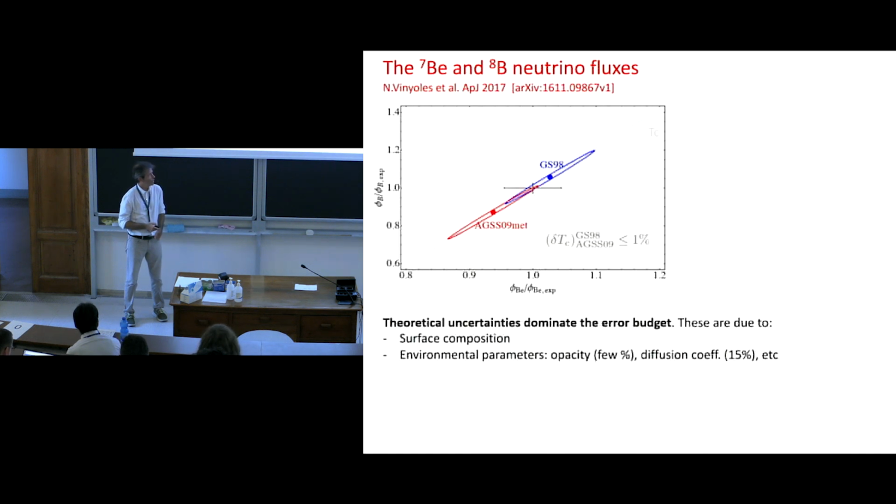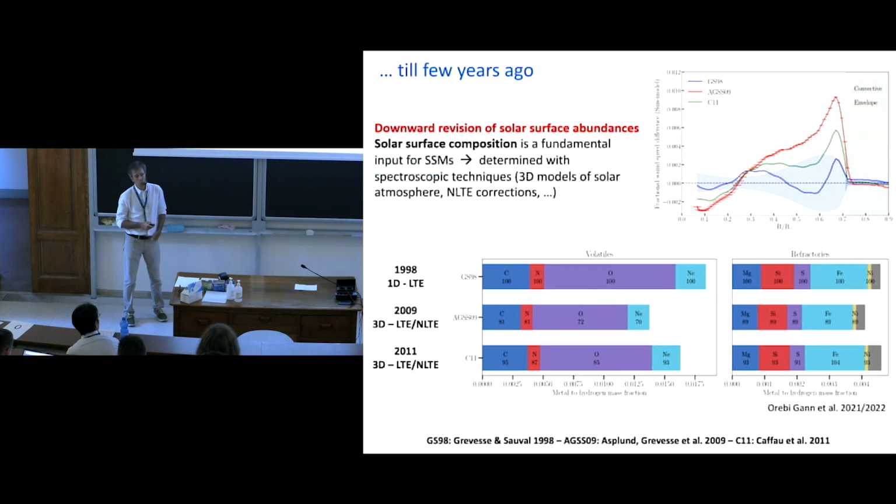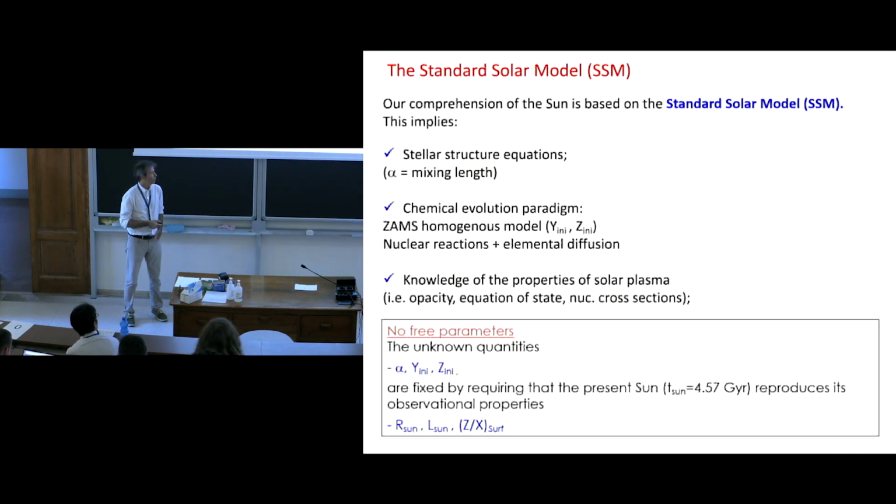Exactly. And in some sense, the most intriguing solution of the solar abundance problem could be related to this point here. Maybe this problem could tell something about the chemical evolution paradigm that we are assuming, which is also related to how the solar system formed. Okay.